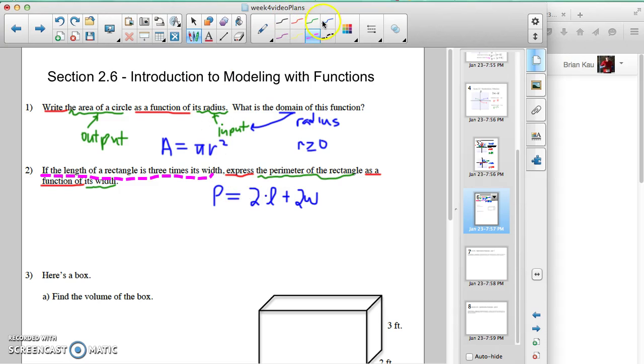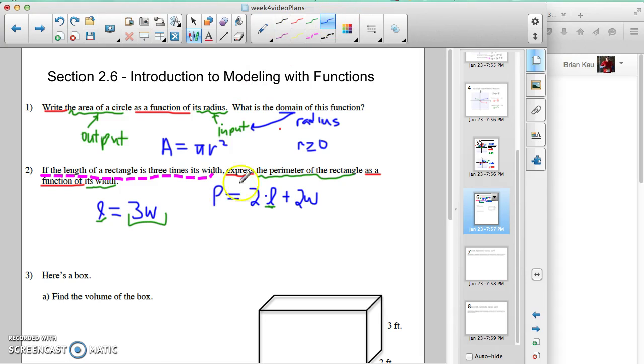So if we know that the length is 3 times the width, that's not going to be our perimeter formula, but we know that 3 widths is a length, so that means that this value right here, the length, in the perimeter formula can be replaced with 3 widths.